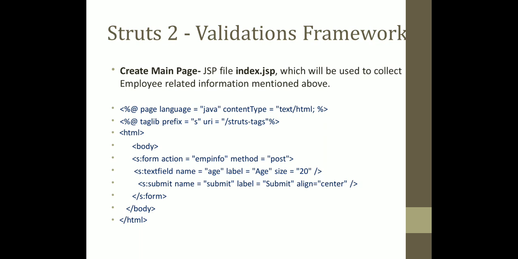Plus for submit we have given the submit label and align for the submit button, that is center. Okay, so here is the close of that code block. So we have created the main page, included the form action plus text field name, and submitted that data.